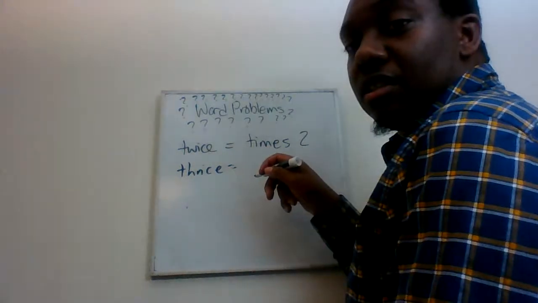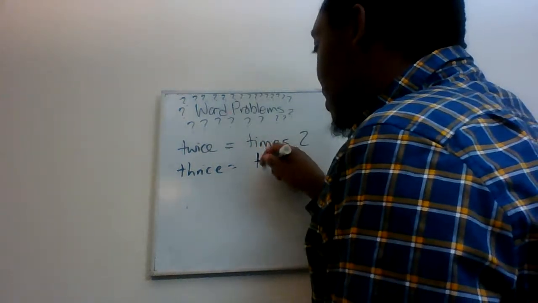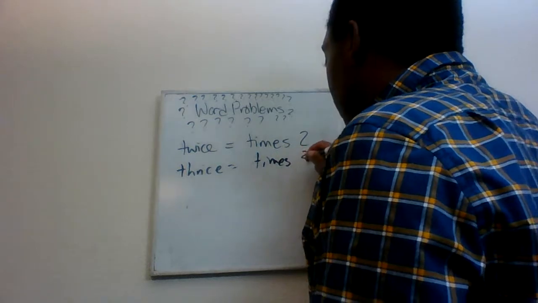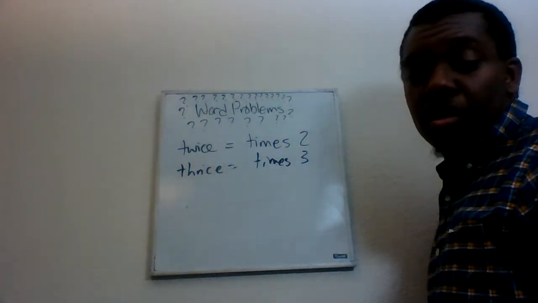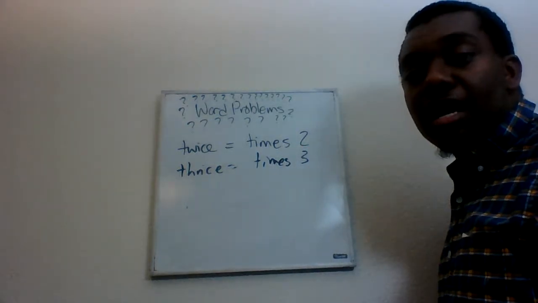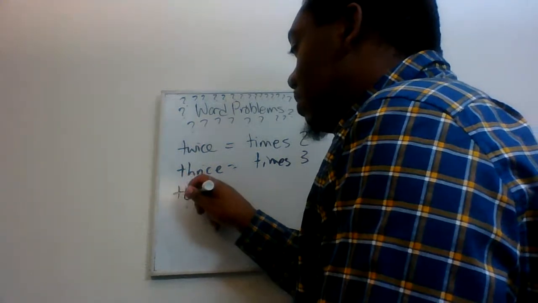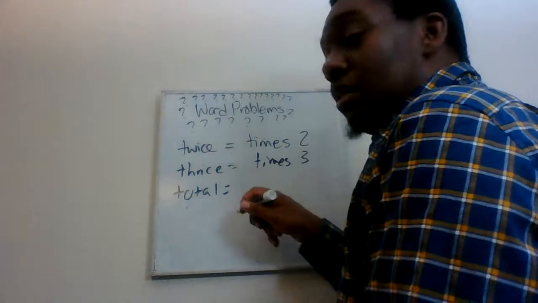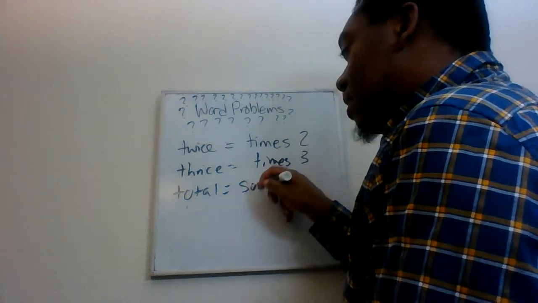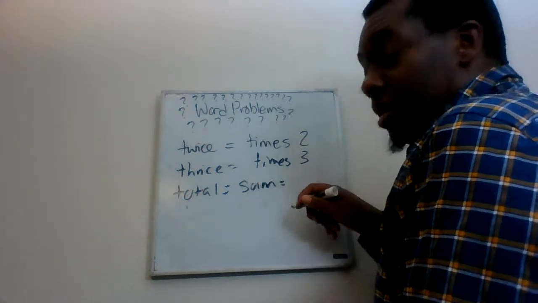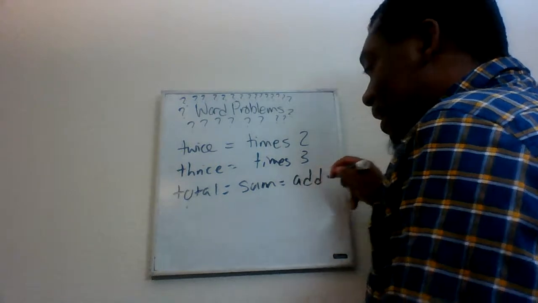And thrice, well, yeah, it means times 3. Okay, that's not too bad at all. All right, there's some other things though that you may not know, like the word total means that you're going to take a sum, which means you're going to add.